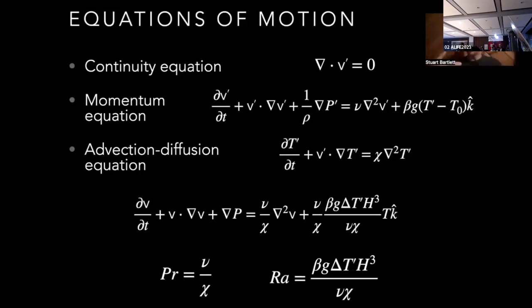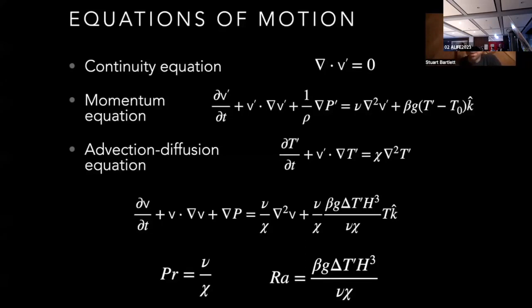Momentum diffuses, it changes according to pressure gradients, and it also changes according to temperature gradients, which is shown in that final buoyancy term at the end of the second equation. There's also the advection-diffusion equation, which describes how passive scalars are moved around the flow. In this case, how temperature is moved by the flow, represented by the vector v, and it also diffuses with a coefficient, the thermal diffusivity chi.